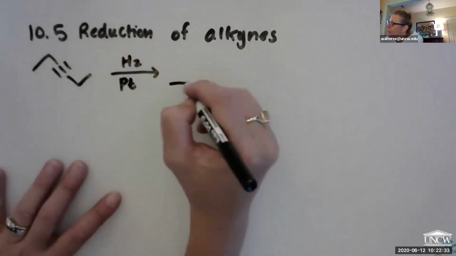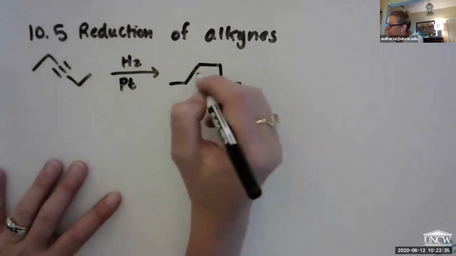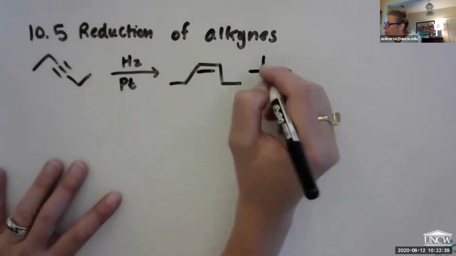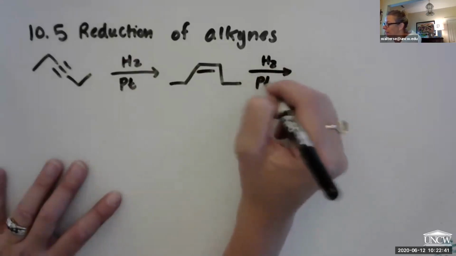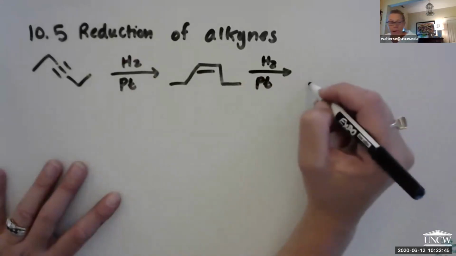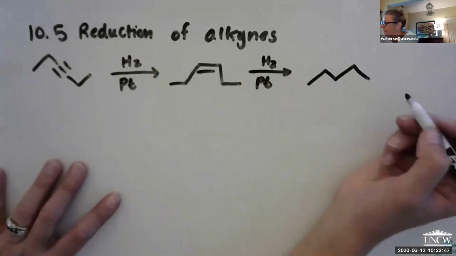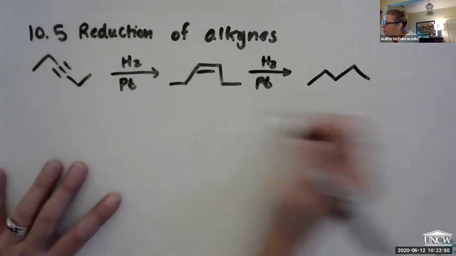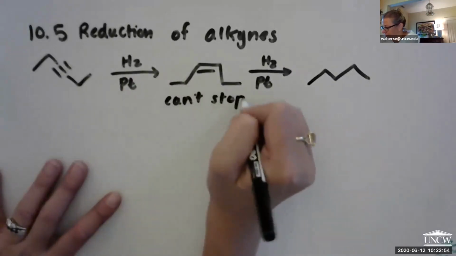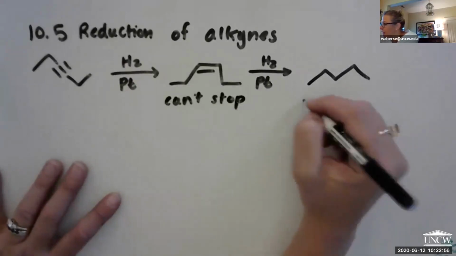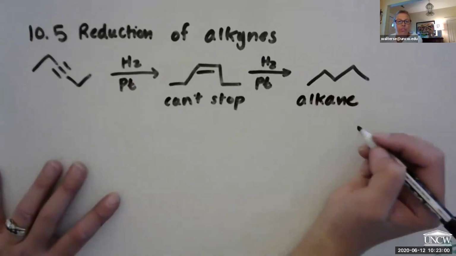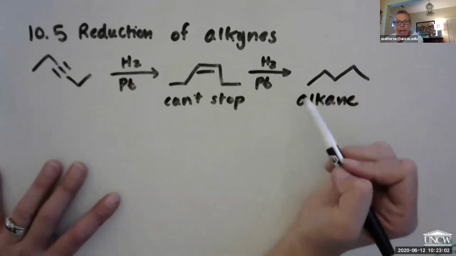Okay, so it adds by syn addition, but the process is so reactive that you can't stop here. So you end up making an alkane if you use hydrogen gas over platinum.